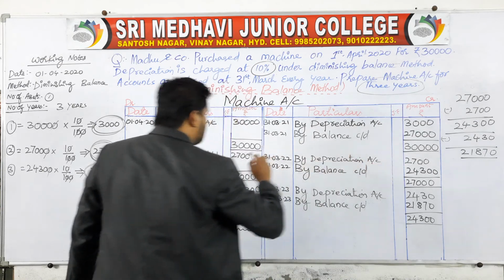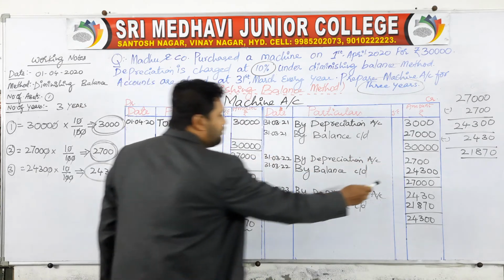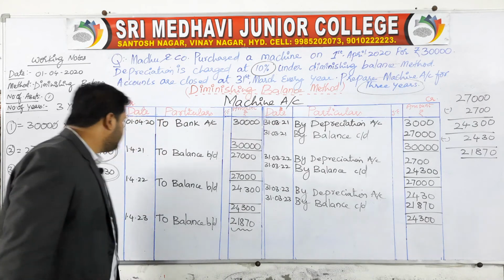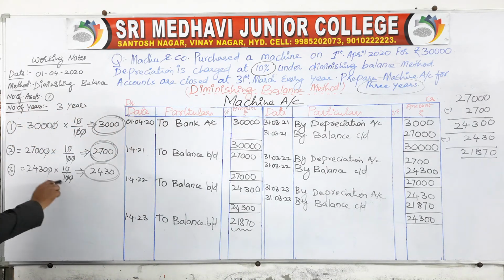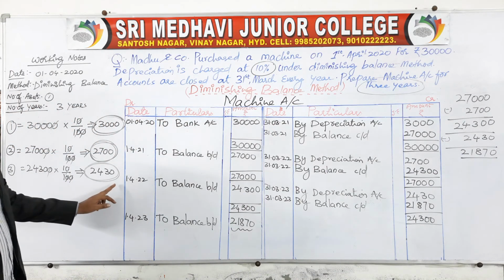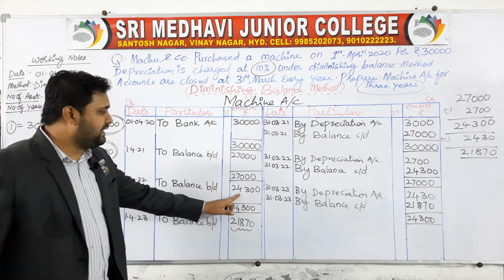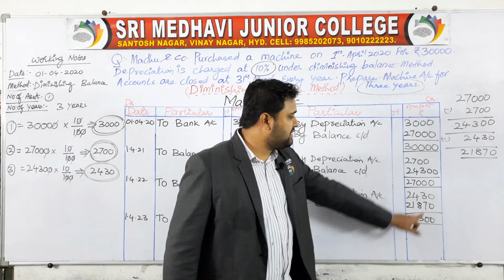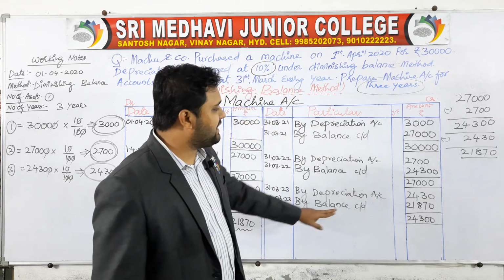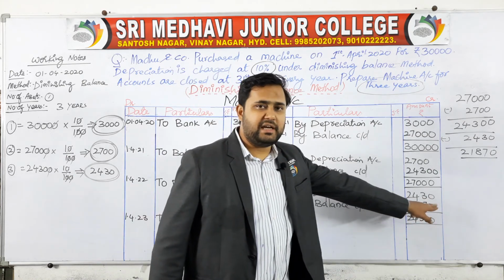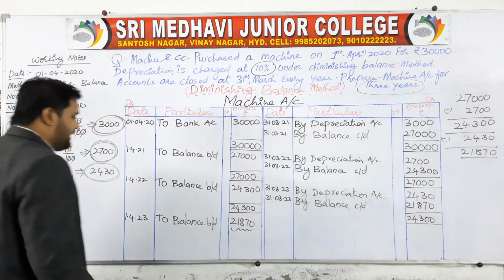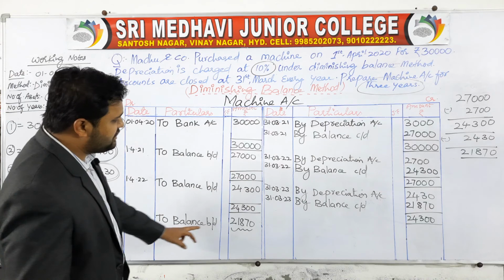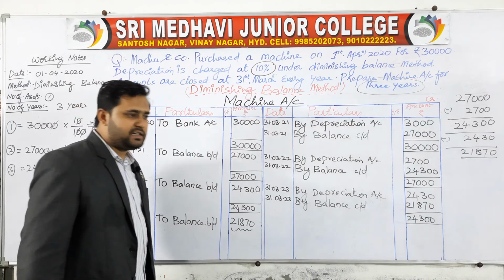Minus this 2,700 from 27,000, we come to know the value of by balance carried down is 24,300. Now 10% of 24,300 is 2,430. From 24,300 minus the depreciation value 2,430, your answer is by balance carried down 21,870. Brought down that value here on 1st April 2023, to balance brought down 21,870.